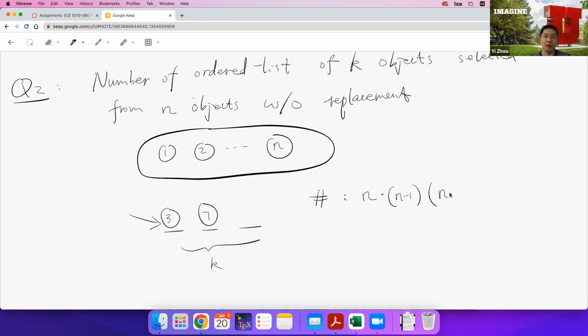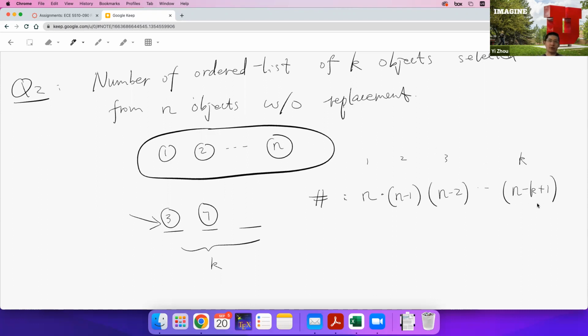So every time the number of choices will be decreased by 1. But in total you have k positions, so you only have k terms. This is the first term, second term, third term. So the kth term will be n minus k plus 1. Right, this is the kth term.